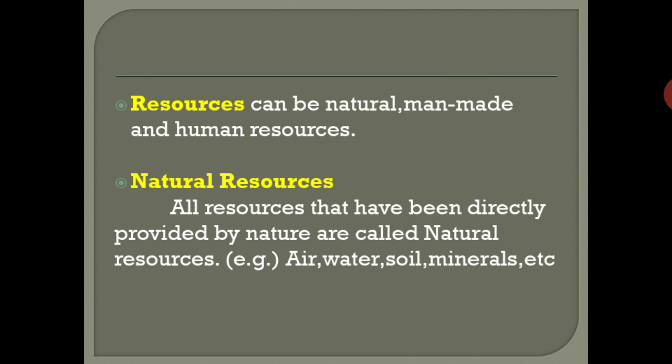But what about minerals? For example petrol: if it's over, to get petrol again we have to wait millions of years. That's renewable and non-renewable resources. Air is renewable, but petrol is a non-renewable resource.